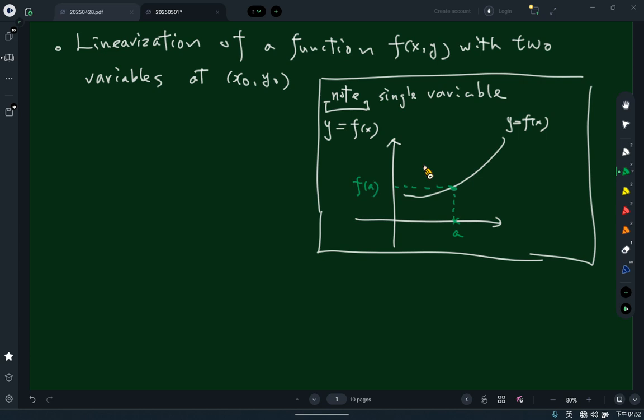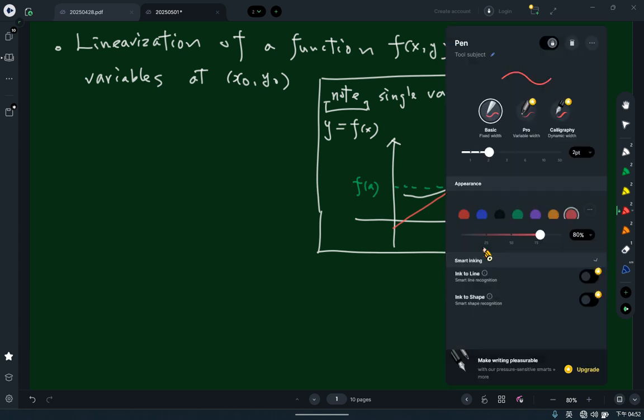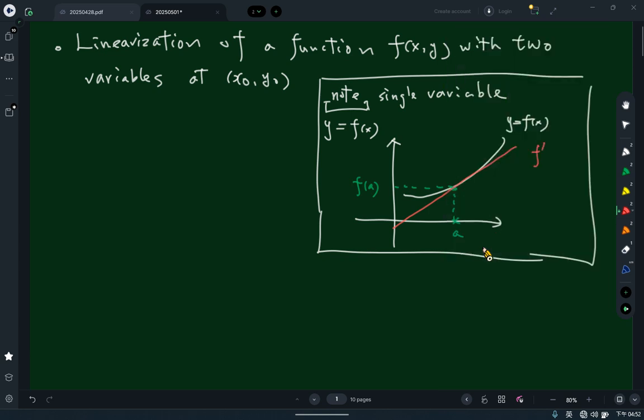When we talk about the linearization for the single variable function, we are talking about the tangent line here. This straight line is the linearization for y is equal to f of x at x is equal to a. We need to assume f of x is differentiable at x is equal to a. That means we can calculate f prime a, which is the slope of this straight line.